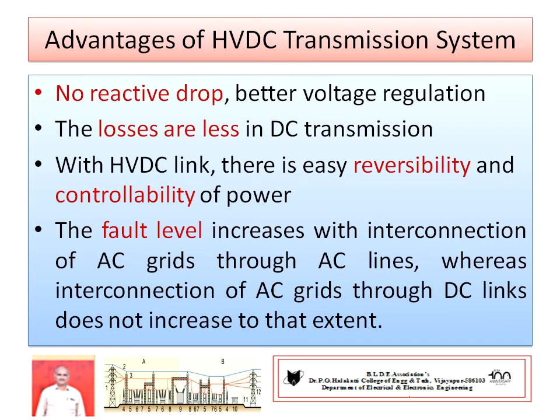The fault level is higher in the interconnection of AC grids with AC lines. But in the case of DC lines, AC grids are interconnected through DC links. That means in a DC transmission line, fault levels are lower as compared to an AC system.